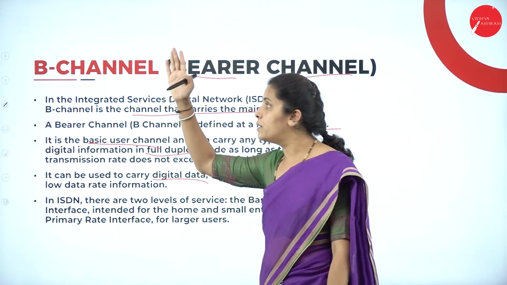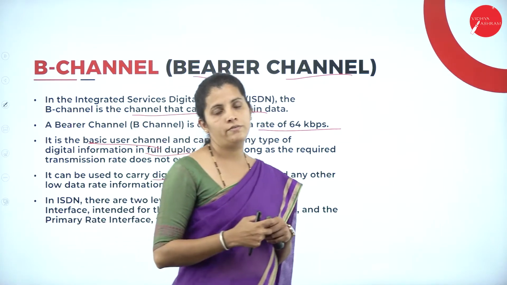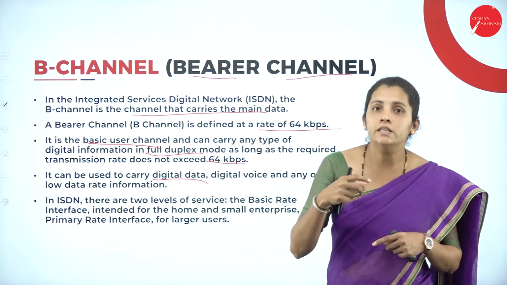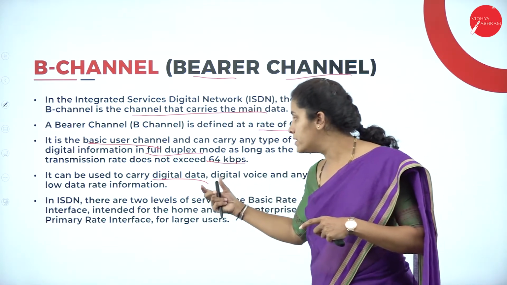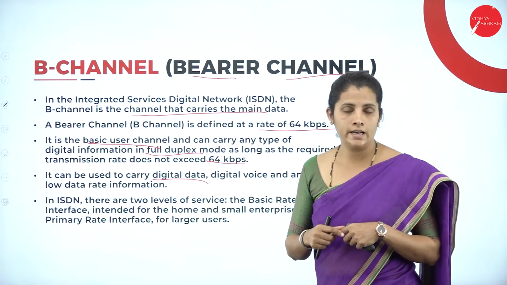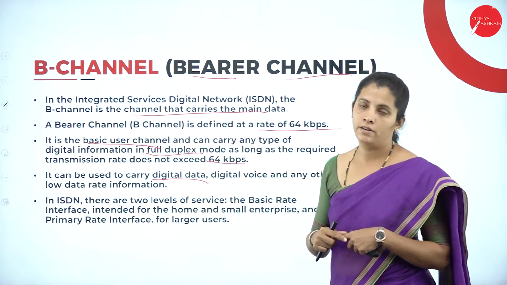So the B channel is mainly used to carry digital information. The digital information may be digital data, or digital voice, or any other data that contains very low data rate information.